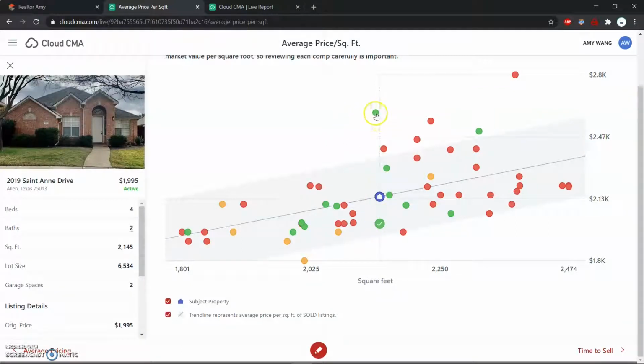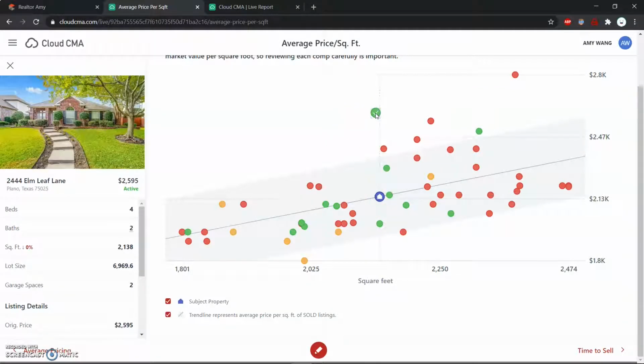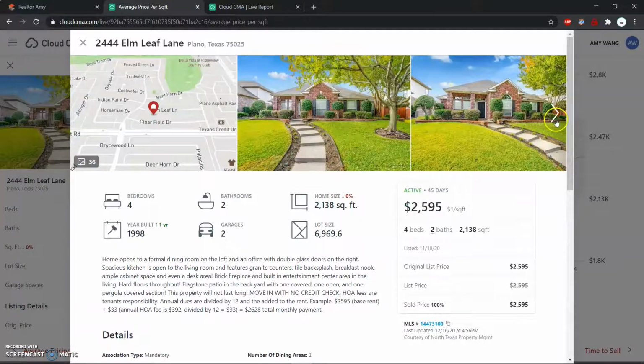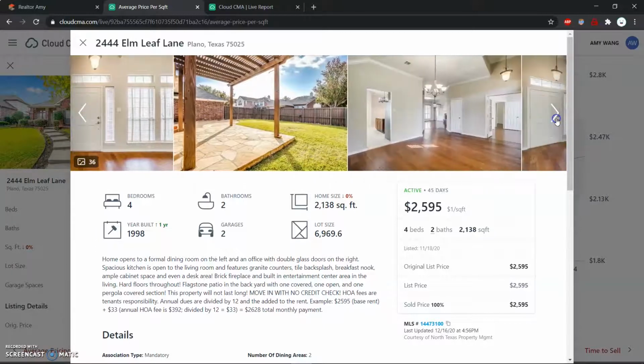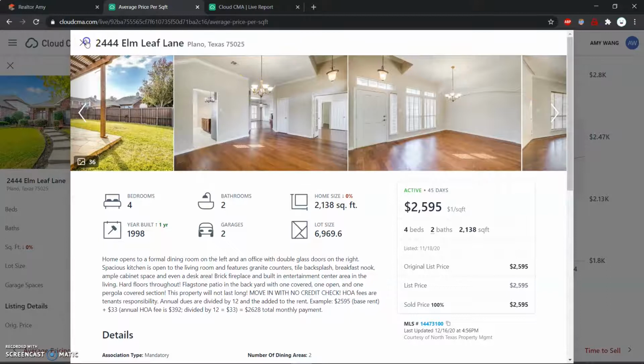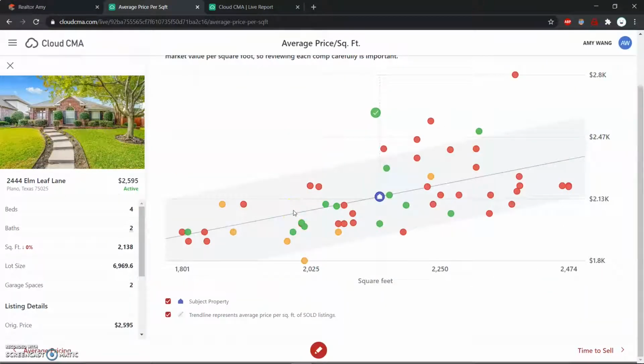You can see that for a similar area and similar house, this one can be rented at $2,595. Why is it so good? You can click the button. It has good images and a fancy layout, a patio, etc. You can decorate your house in a similar way and ask for a higher price. Is that helpful?